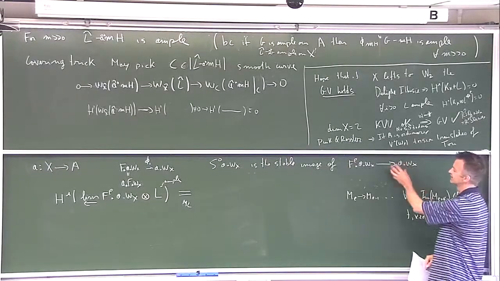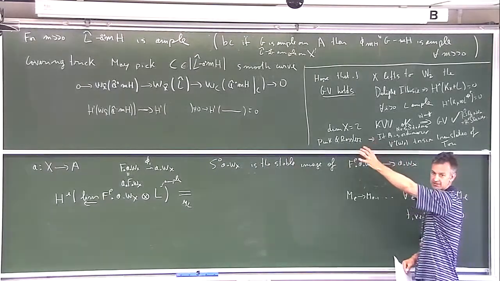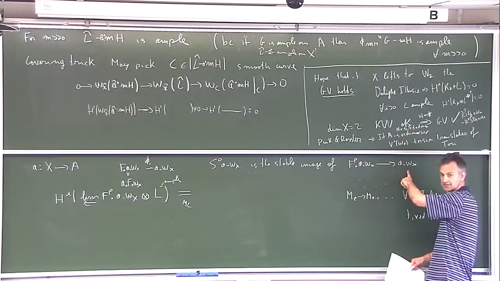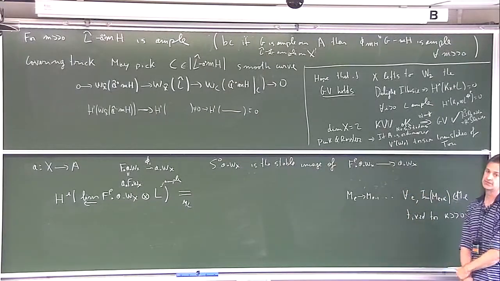Now, all of these look like iterates of the same thing, so the only one you have to check is that the image in the last one stabilizes in the coherent sheaf. And that's what Gabber's theorem tells me.